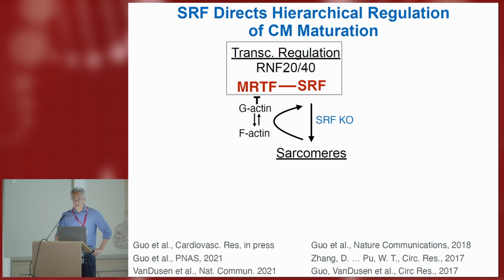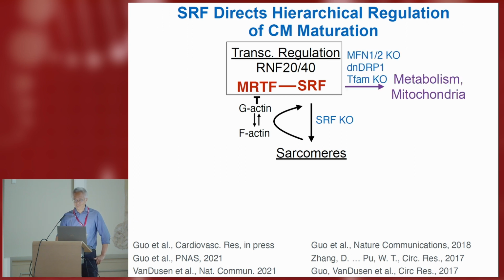This is a bidirectional communication in which sarcomerogenesis regulates the abundance of filamentous versus G-actin, and that regulates MRTF. Of course, this is well established in smooth muscle cells, but interestingly, it had not been investigated in cardiomyocytes, and we showed that this pathway also functions in cardiomyocytes.